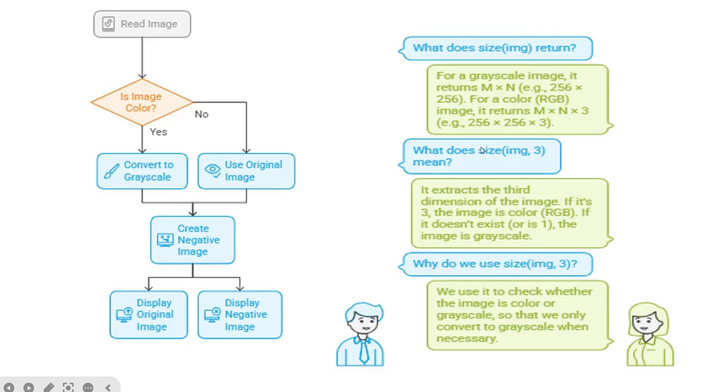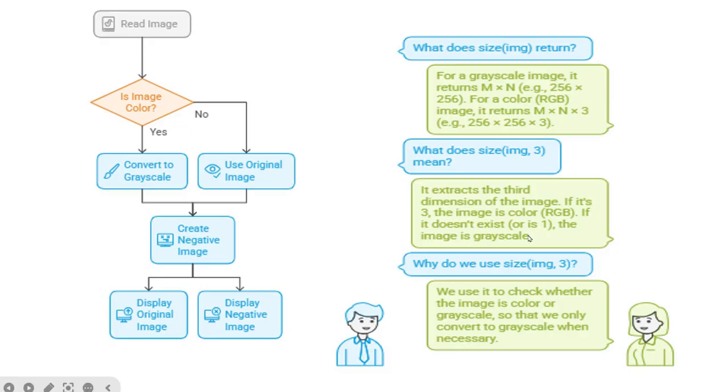Now, what does size of image comma 3 mean? As we are using this in our program, this command will extract the third dimension of the image. If it's 3, the image is colored, that is, the image is RGB, not grayscale.